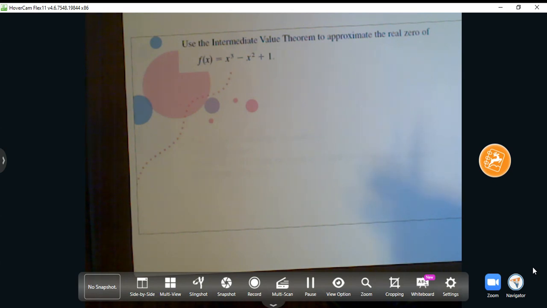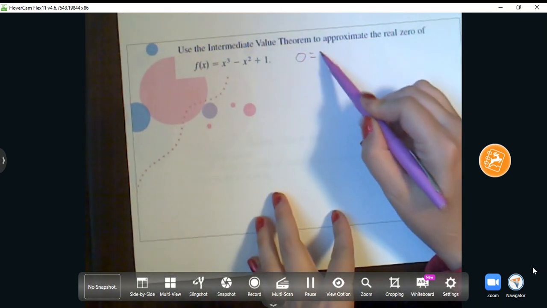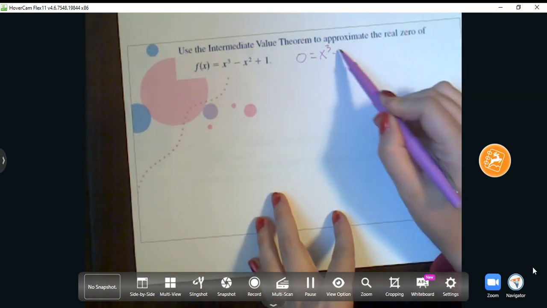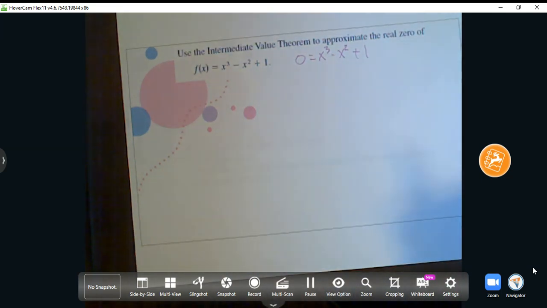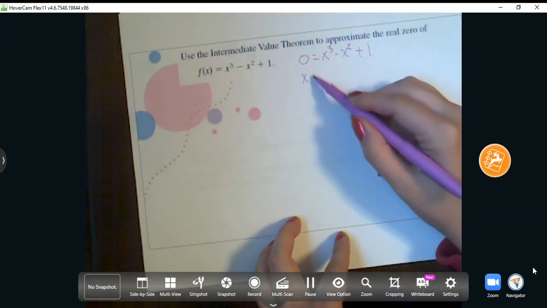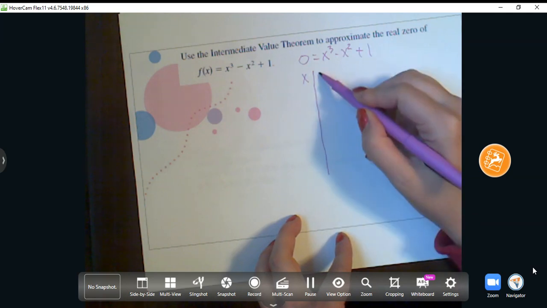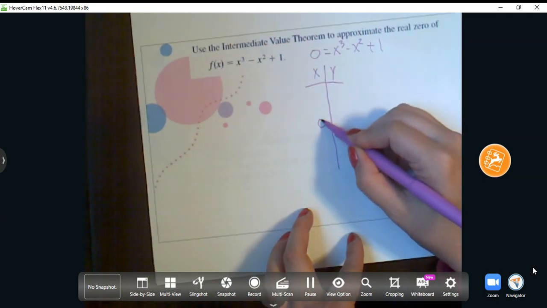So if we were to look at this and we wanted to find our zeros, notice that this does not factor. And we haven't talked about any other ways to find zeros yet, which we will be getting into. So if I wanted to just start plugging and chugging, I have x and I have y. Let's go ahead and start at 0.